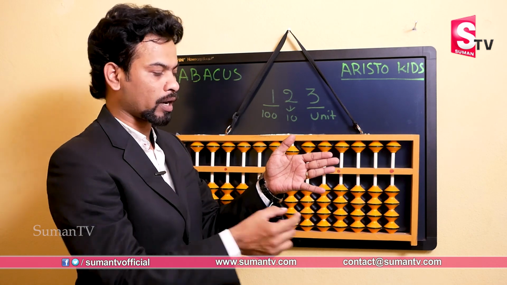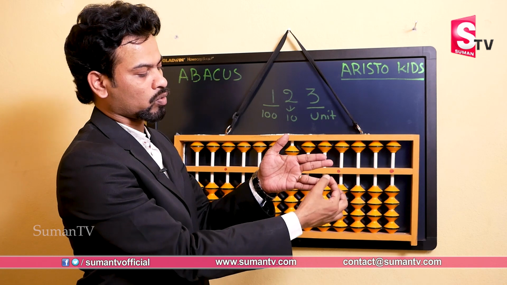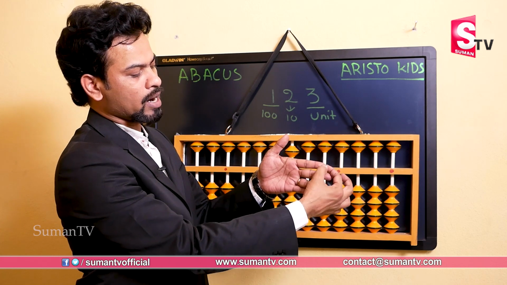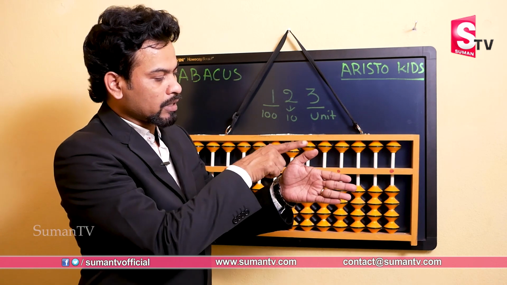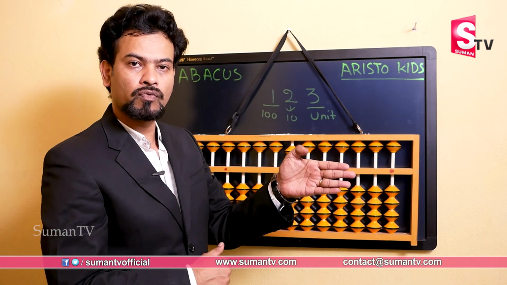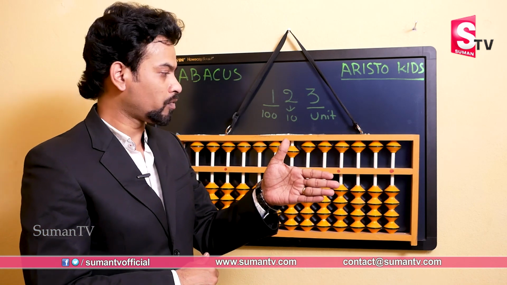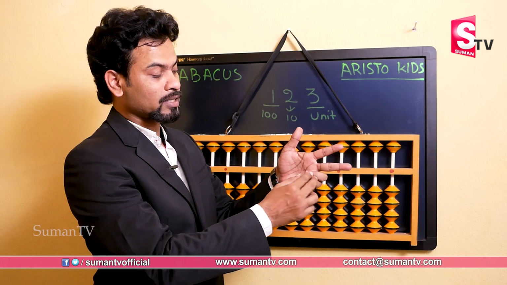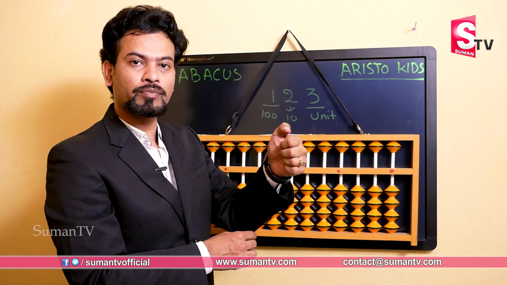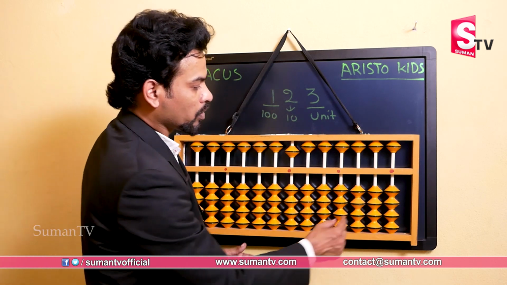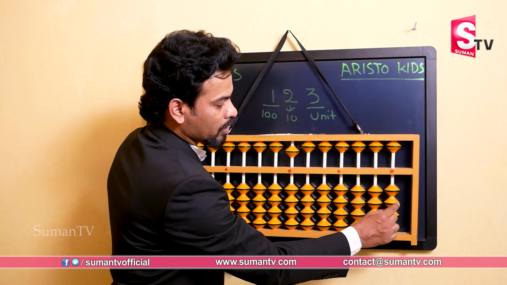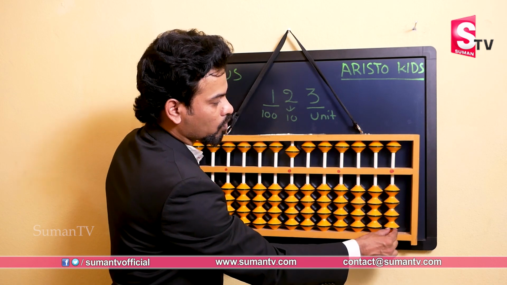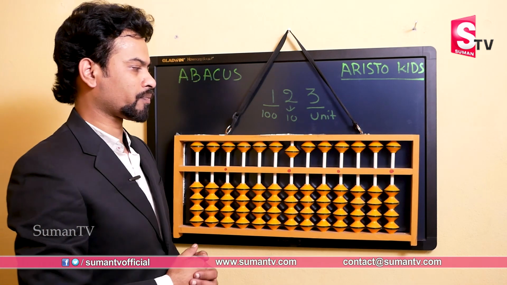This is 1, this is also 1, this is also 1, and this is also 1. And this upper bead has a value of 5. For your understanding, these are all 1 rupee chocolates, and this is a 5 rupees chocolate. So here you can see this is 1, 1, 1, 1, and this is 5.